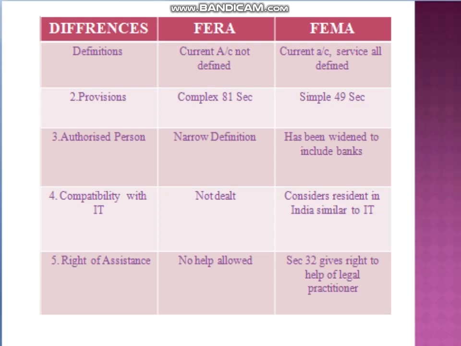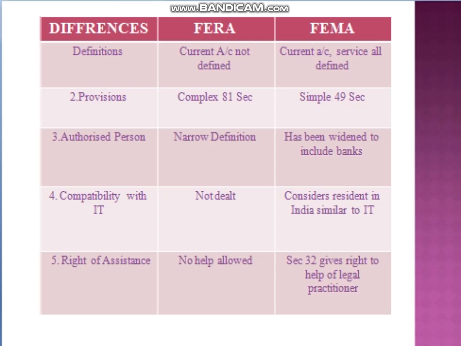And another difference relating to provisions is that FERA, with Section 81, is very complex, and FEMA, with Section 49, is very simple. In case of authorized person, a narrow definition is given in FERA.